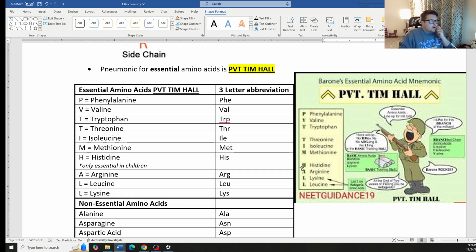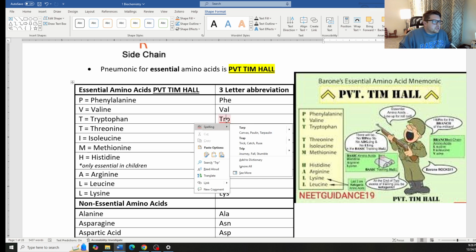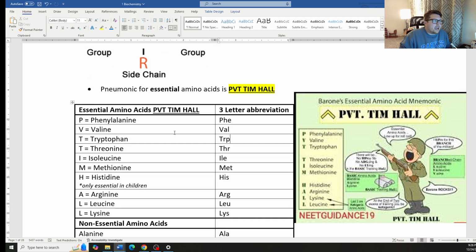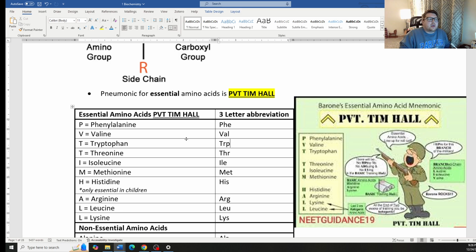We talk about essential amino acids. Essential refers to the fact that these are required in our diet, meaning that our body cannot produce them naturally. We have to consume them from food in order to get enough of them.